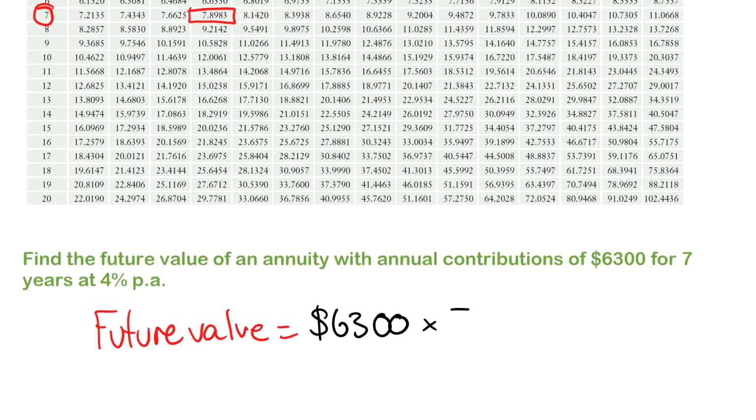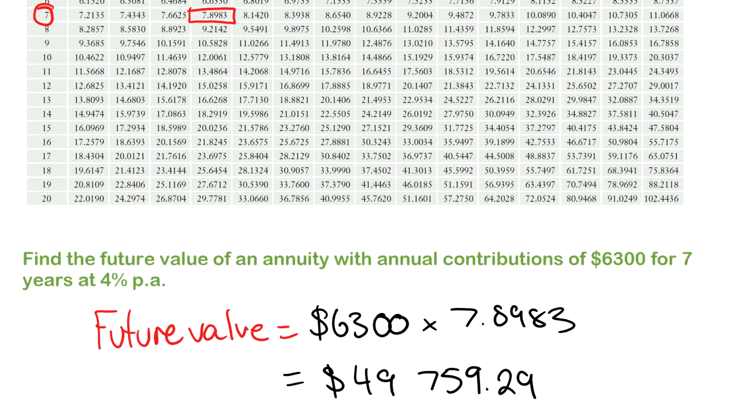Our factor was 7.8983. Once you do that, at the end of our 7 years we'll have $49,759.29. Each year we're adding 6,300, and we're also getting our compound interest added on.